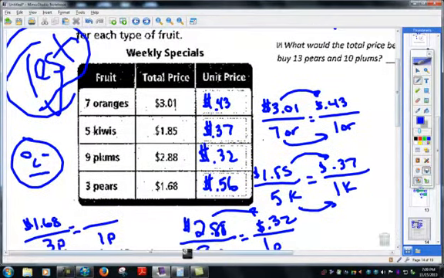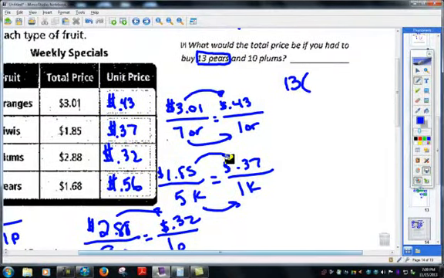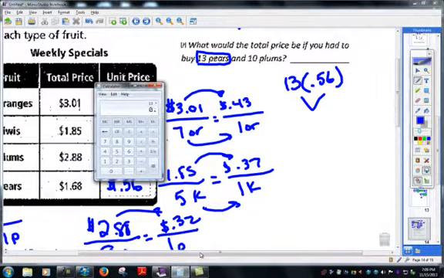Okay, what would the total price be if you had to buy 13 pears and 10 plums? Well, now you know the unit prices. For 13 pears, I'm going to take my 13 and multiply it by the cost for each pear. Each pear is 56 cents, so I'm going to multiply that by 0.56. 13 times 0.56 is going to give me $7.28.